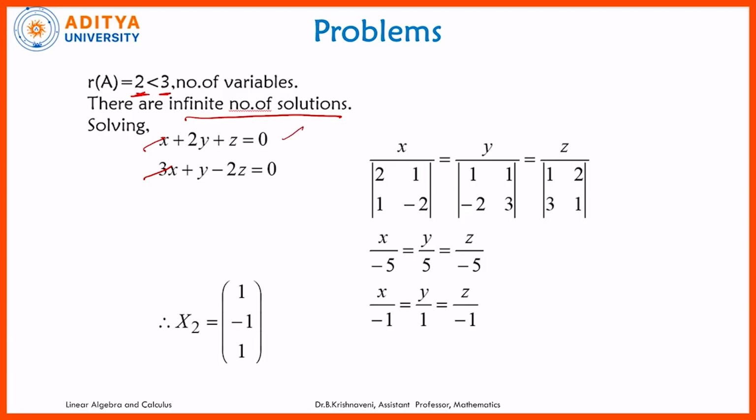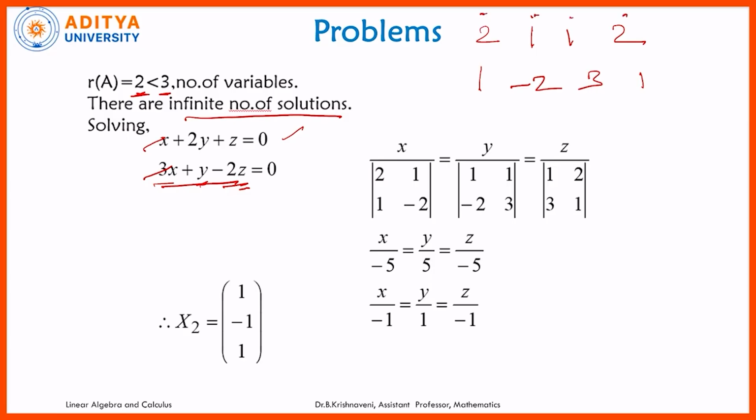First, consider equation 1 and write down the coefficients as first y coefficient, next z coefficient, next x coefficient, next y coefficient. Now, from the second equation, y coefficient 1, z coefficient minus 2, x coefficient 3, thereafter again y.